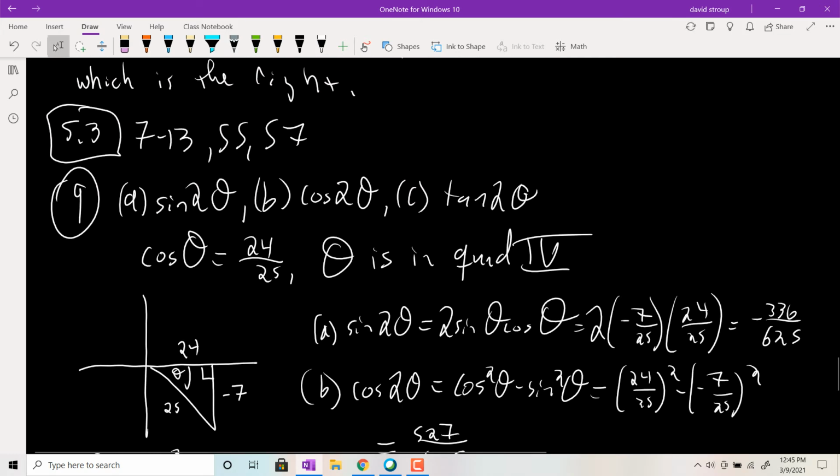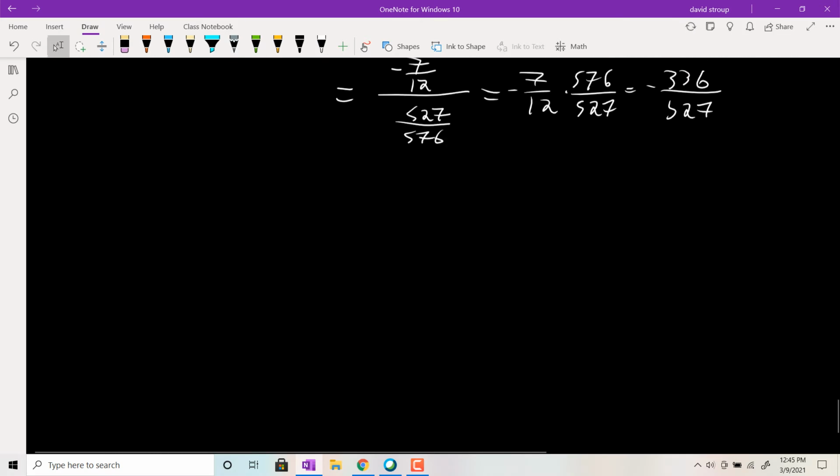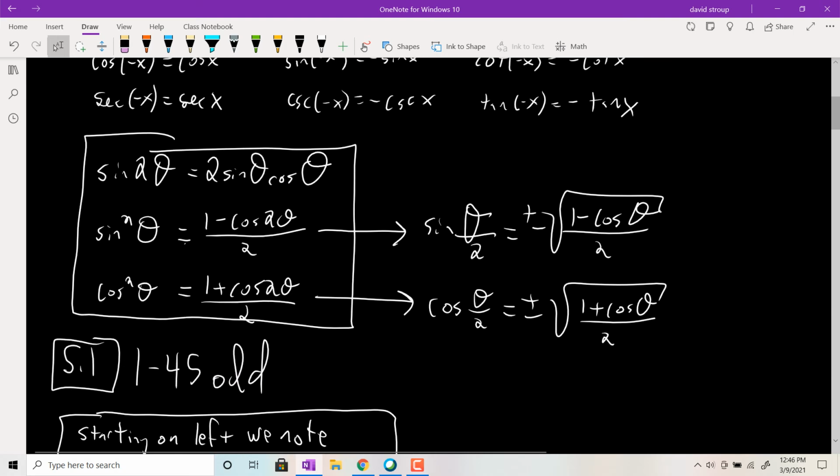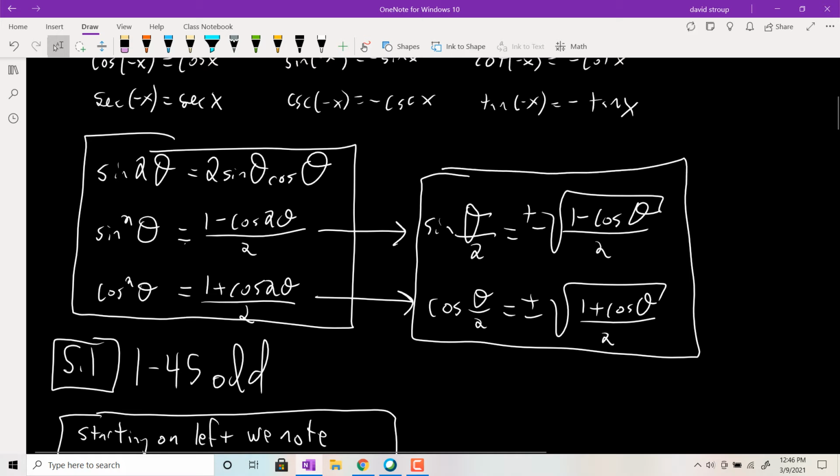Okay. So that's the first set, and then the second set are the ones associated with these root formulas here and here. And the trick was this: you have to know what quadrant theta over 2 is in order to use the formula. So if theta over 2 is in the first quadrant, you use the positive. If theta over 2 is in the second quadrant, you use the negative.